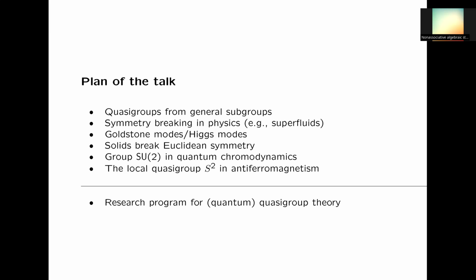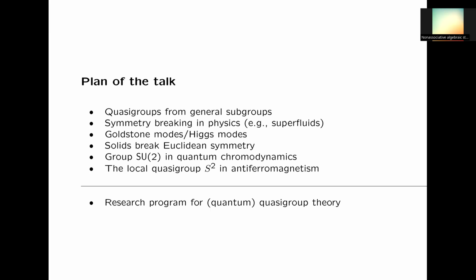And then we'll get into what are called either Goldstone modes or Higgs modes. You heard about the Higgs boson a little earlier today. I will show you how hot solids break Euclidean symmetry. That's one example. That will be very classical, so you don't need to be a quantum theorist to know that one.